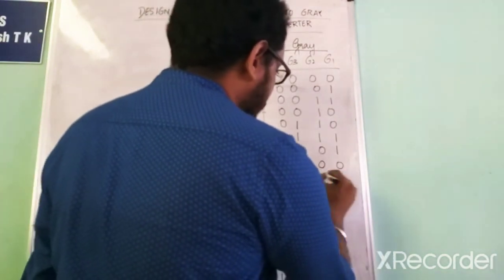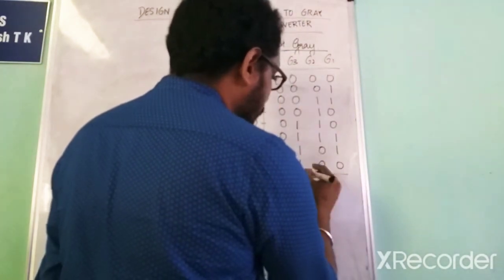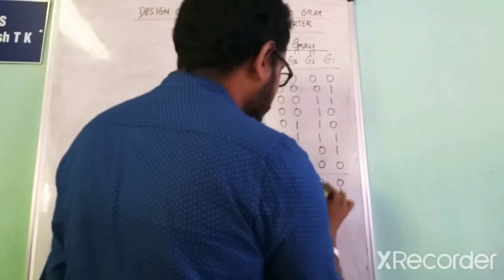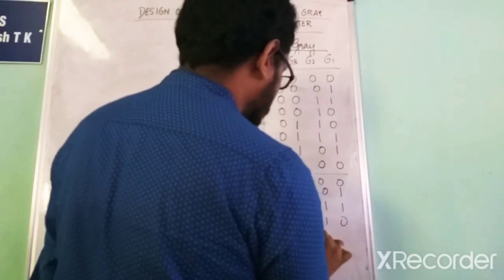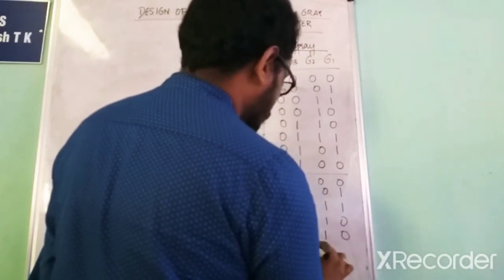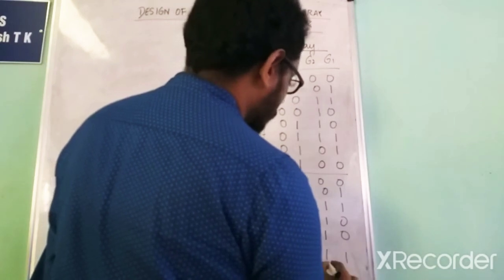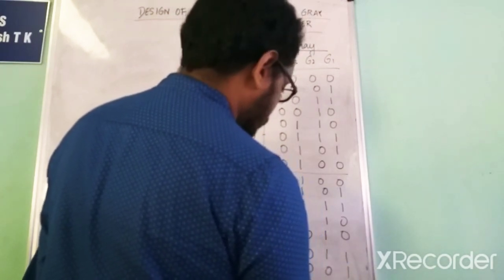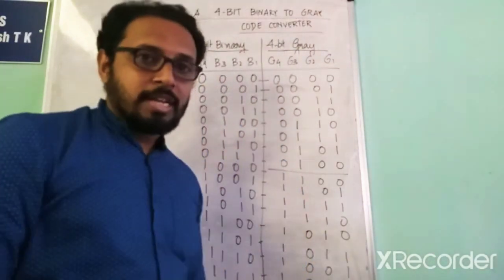It is a reflective code, so follow the reflection path: 0, 1, 0, 0, 1, 0, 1, 1, 1, 1, 1, 1, 0, 0, 1, 0, 0, 1, 1, 0, 0, 1, and 0, 0, 0. Please go through these steps.